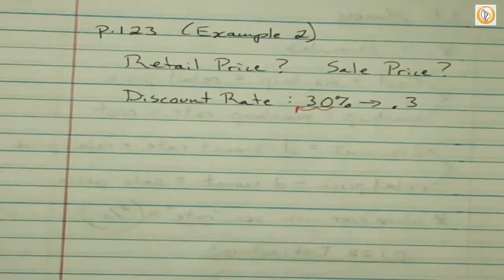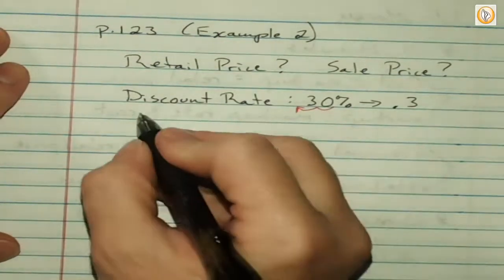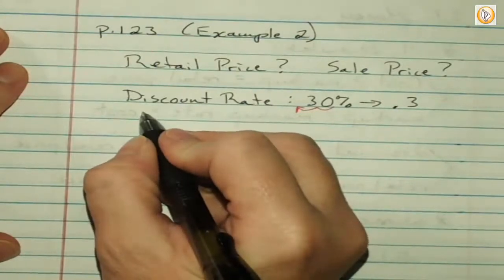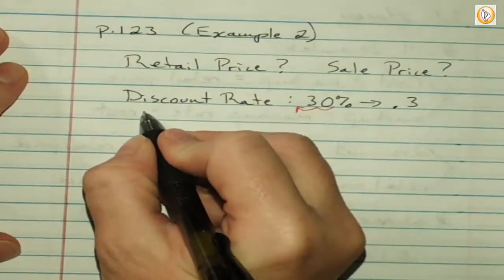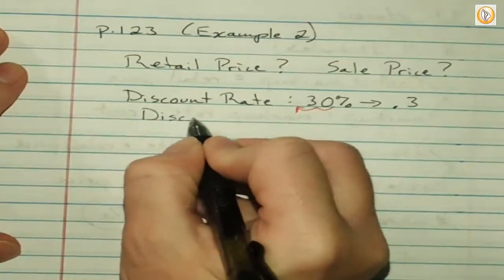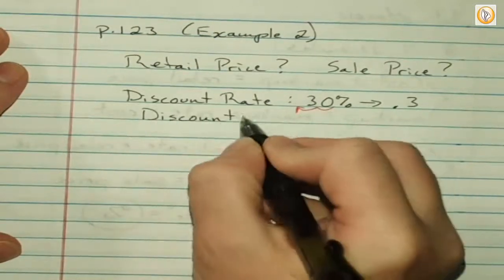And it said he saved $52.50. Is that how much he spent on the racket? No. When it says he saved $52.50, what is that? Aiden, wouldn't that be the discount? Yep, that's the discount.